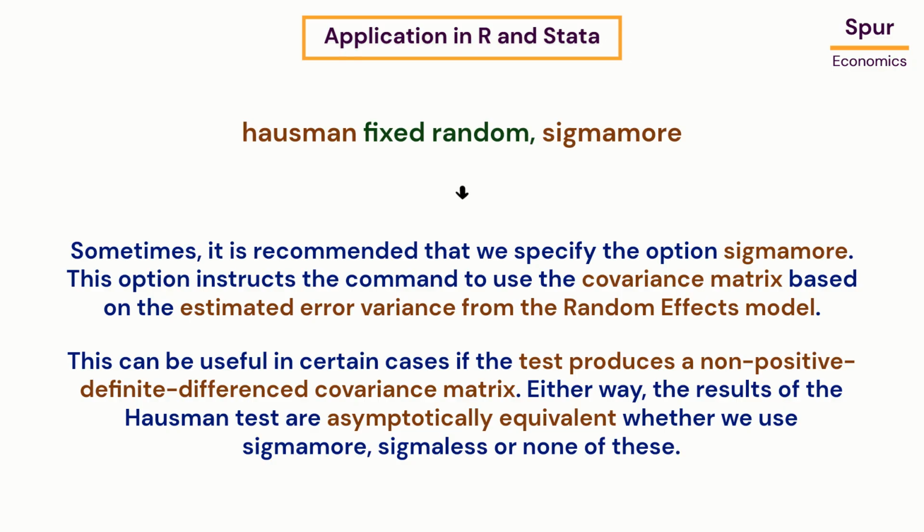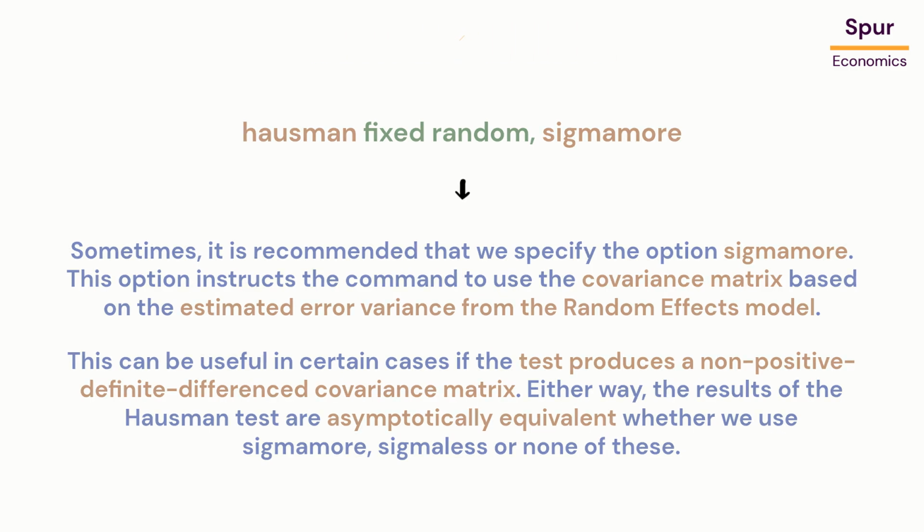This option instructs the command to use the covariance matrix based on the estimated error variance from the random effects model. This can be useful in certain cases if the test produces a non-positive definite differenced covariance matrix. Either way, the results of the Hausman test are asymptotically equivalent whether we use sigmamore, sigmaless, or none of these.